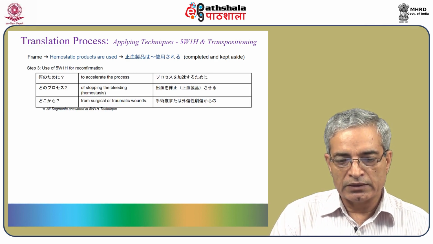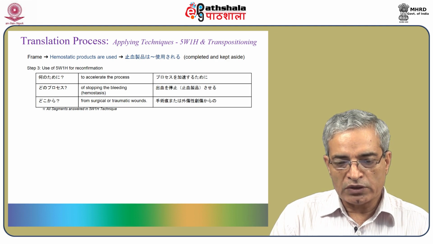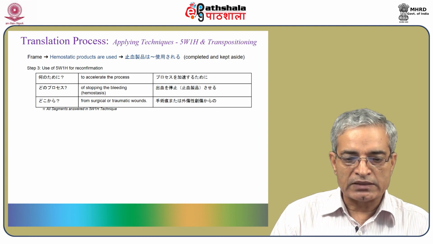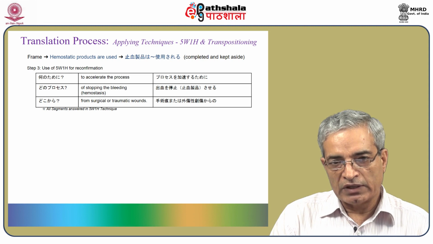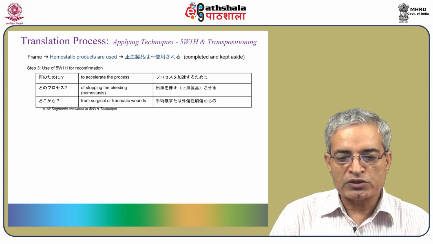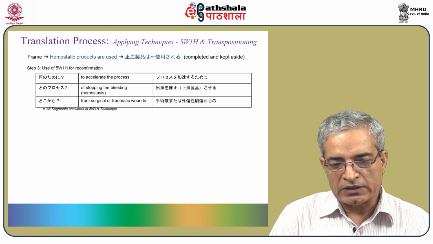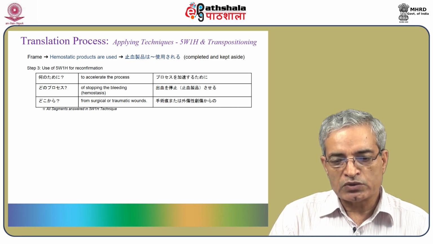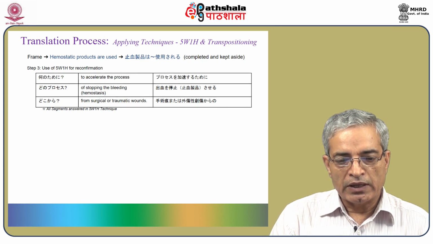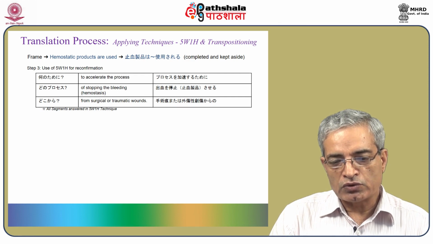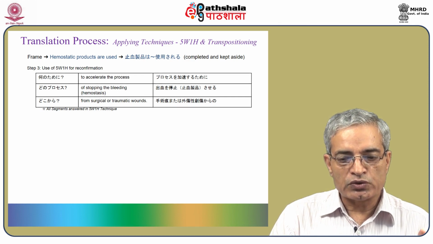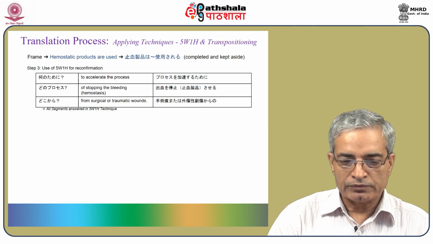We are applying the 5W1H. Nan no tameni is to accelerate the process, and we had translated this as process o kasokusuru tameni. Dono process. Now if I read only the Japanese as the answer, it's shuketsu o teishi saseru, and doko kara shujutsu kon matawa gaisho se sosho karano.